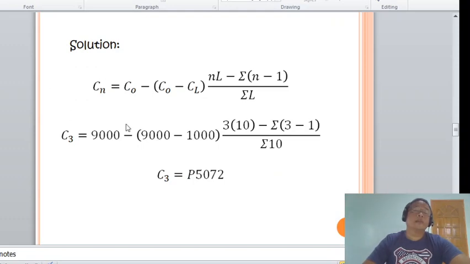So using my formula, Cn is equal to Co minus Cl, n times L minus summation of n minus 1 over summation of L. You can directly substitute the given values and then compute it directly. Unlike in the previous or the original formula, it was very difficult for you.